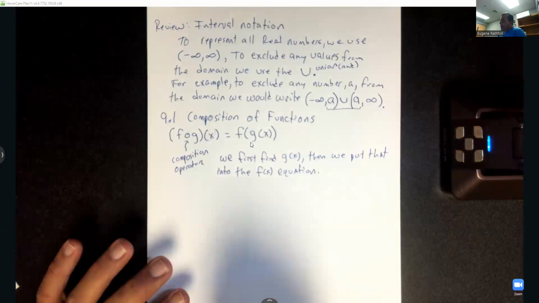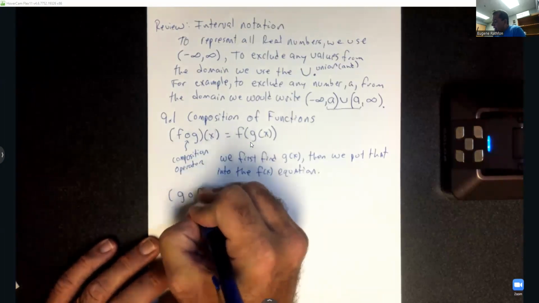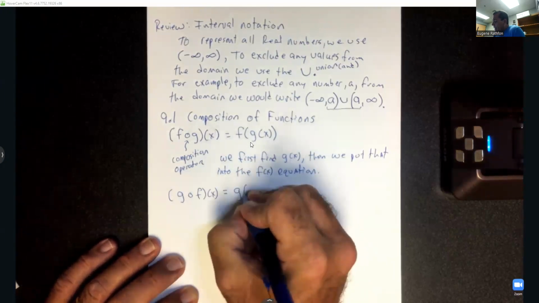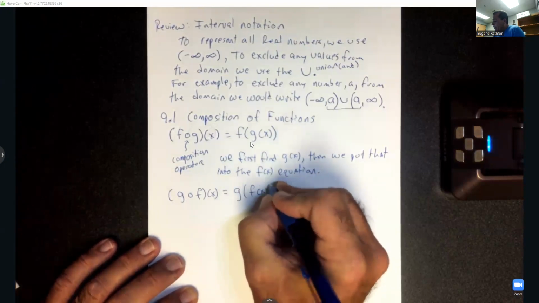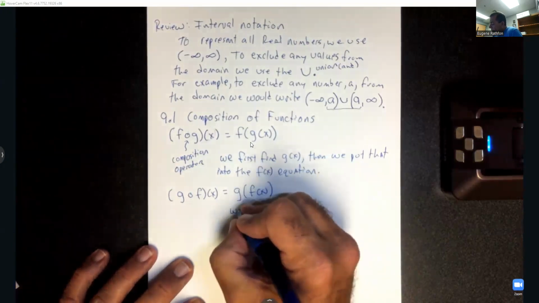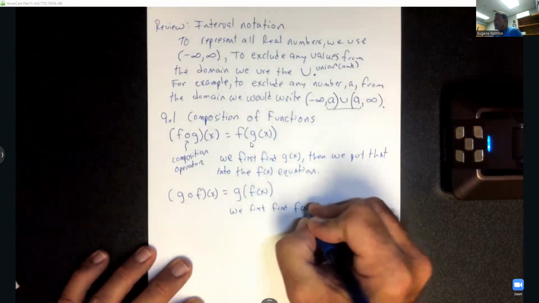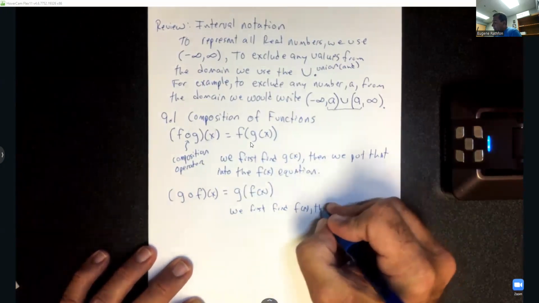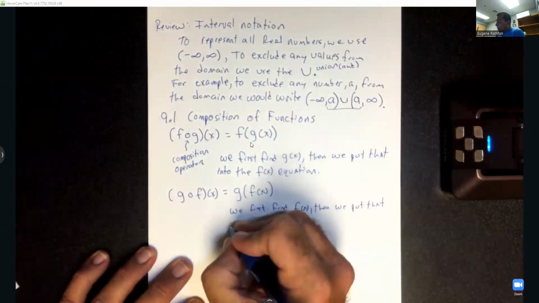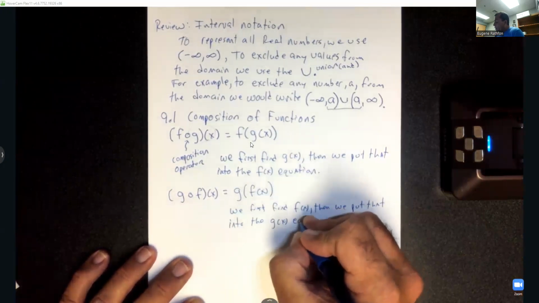Okay. The other symbolism, g compose f of x, is the same as g of f of x. So when it's written this way, we first find f of x, then we put that into the g of x equation.